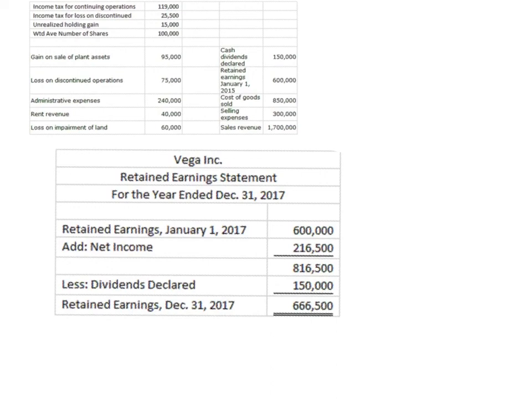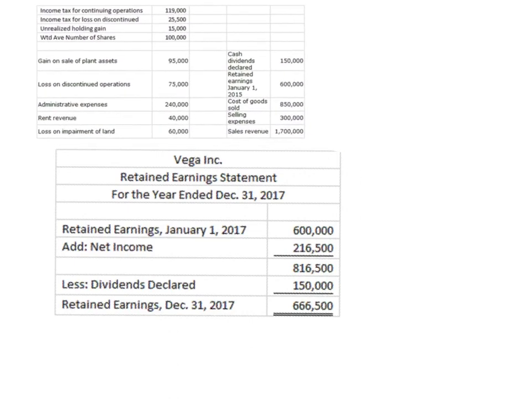The final statement is a retained earnings statement. We've been told our retained earnings at the beginning is $600,000. We're going to add our net income. Again, this is the 216,500, not the comprehensive income. So the income available for our owners is $816,500.